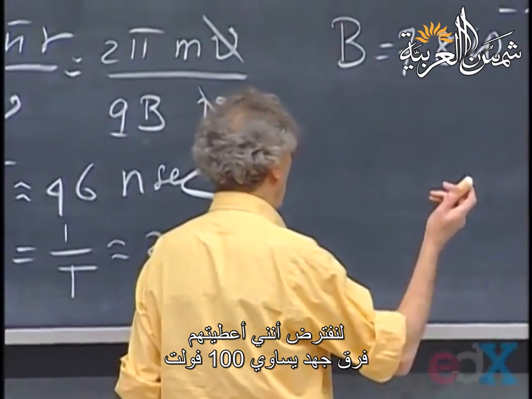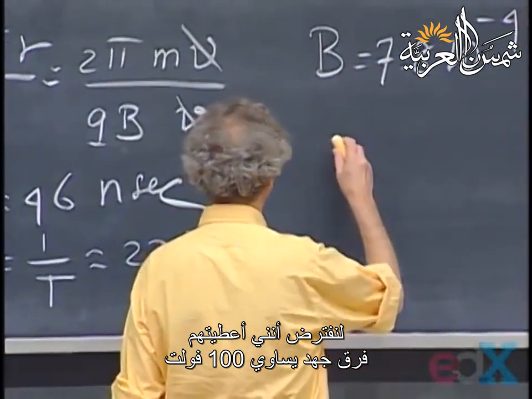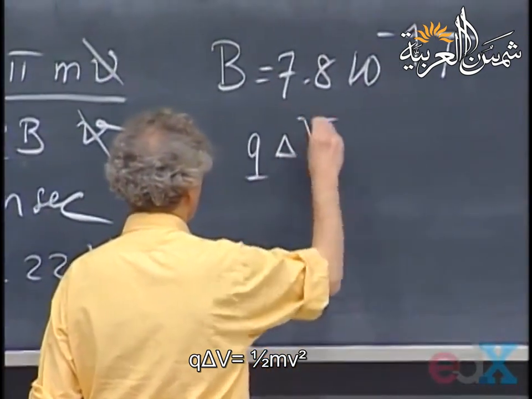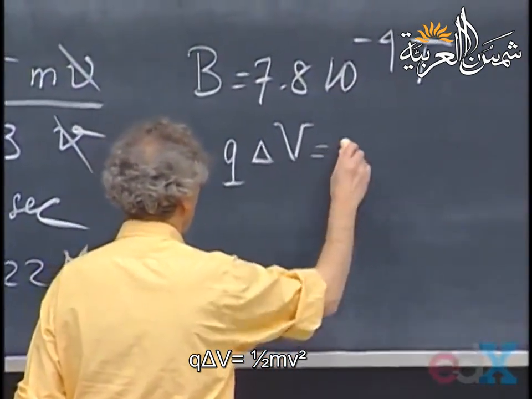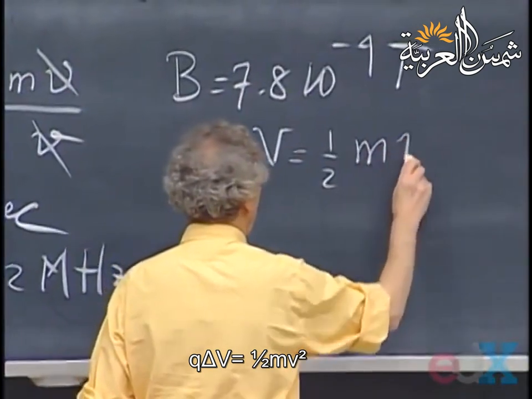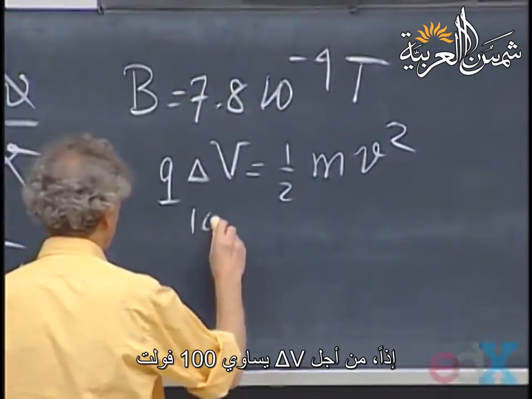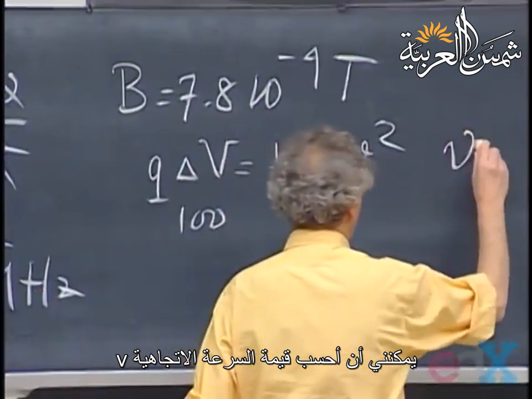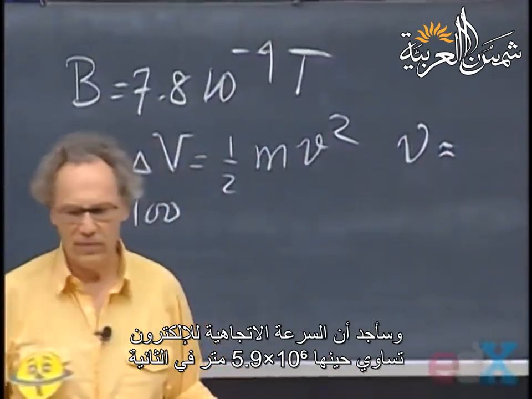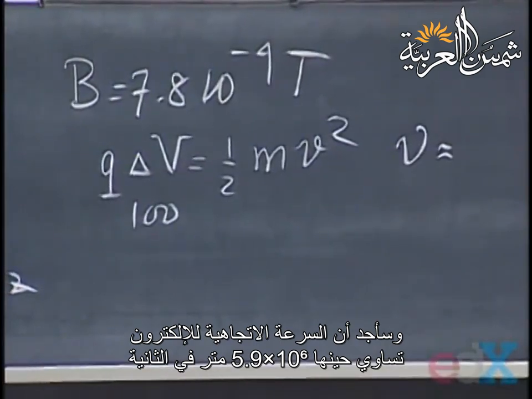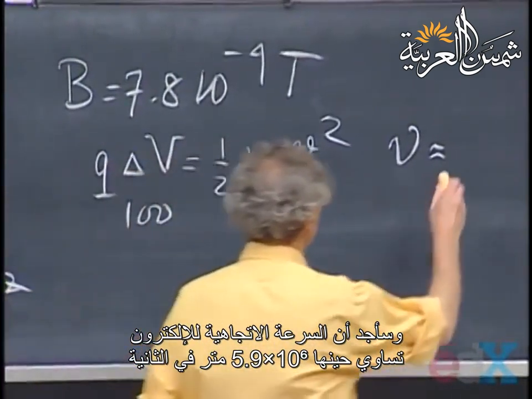Suppose I give them a potential difference of 100 volts, then Q times delta V, which is the potential difference, would then be 1/2 mv squared. And so if I make this 100 volts, I can calculate what v is, and I found that the velocity of the electrons then is about 5.9 times 10 to the 6 meters per second.